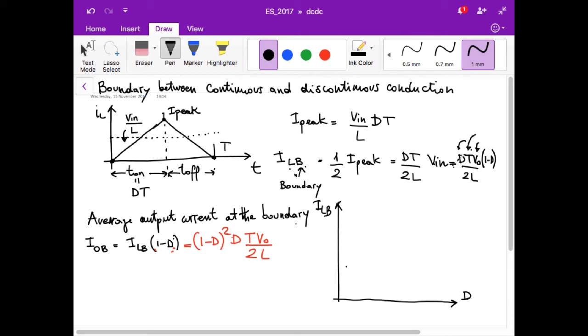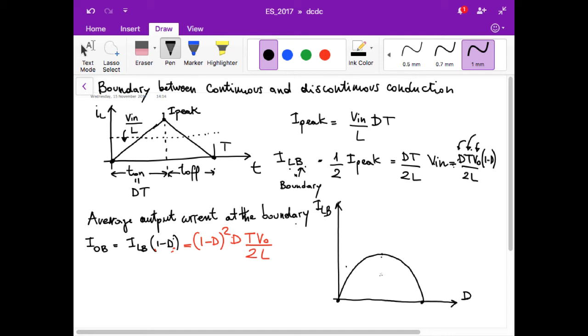So this is a parabola, because we have D times 1 minus D times a constant. When D is equal to 0, the parabola is 0, but also when D is equal to 1, the parabola is 0.